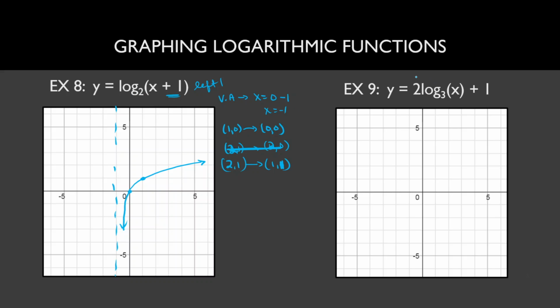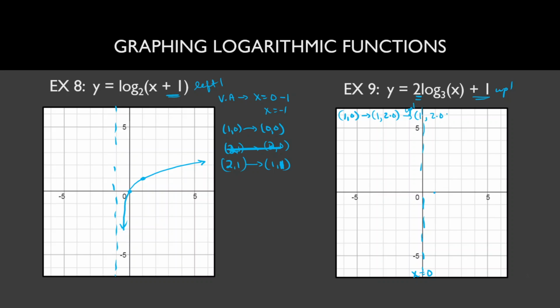On this one, we're doing a vertical stretch by 2, and we're moving up 1. So my vertical asymptote is staying at the 0. The point that was normally at 1, 0 is going to get vertically stretched by 2, and then it's going to move up 1.